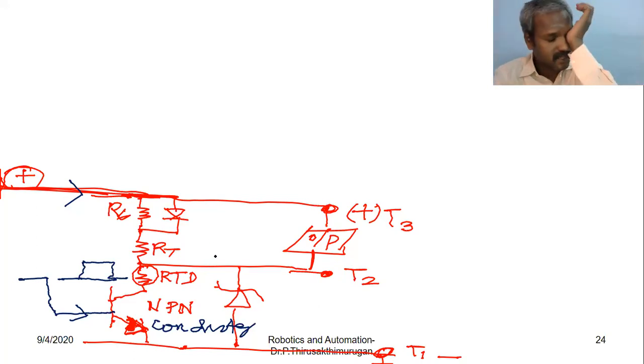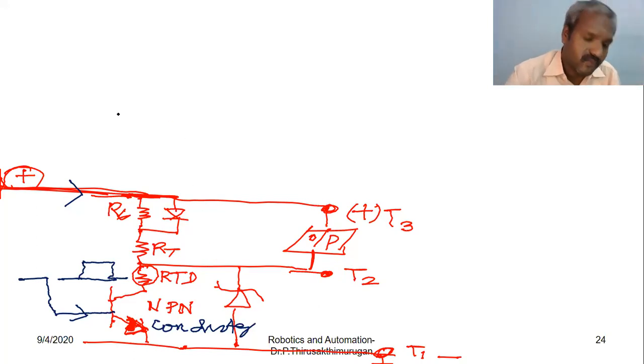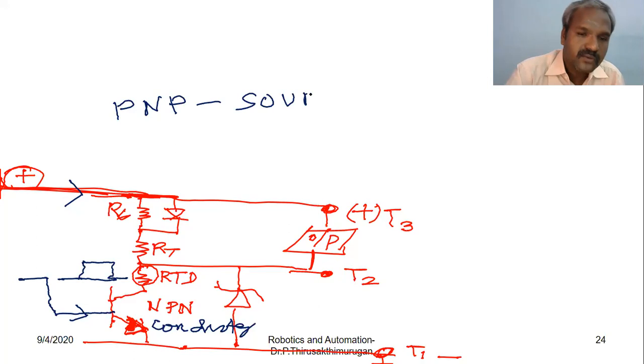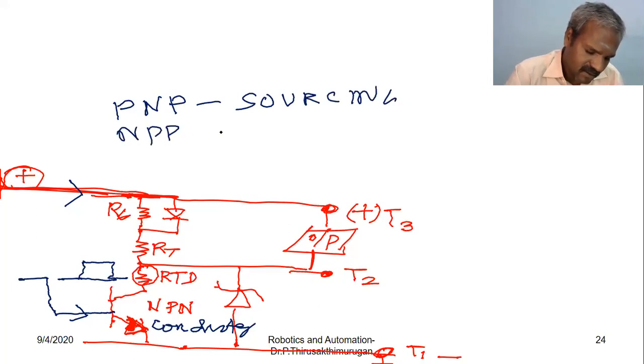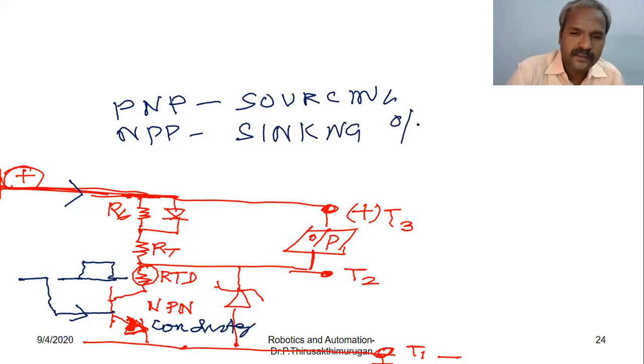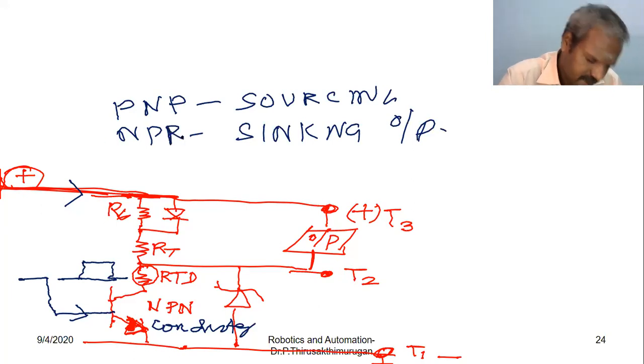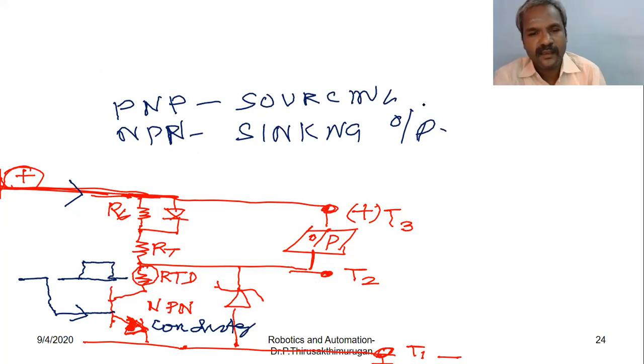Whereas in the inductive sensor, that is a PNP transistor, PNP transistors are sourcing and NPN transistors are sinking output. So a PNP transistor gives sourcing output, and an NPN transistor gives sinking output. This is the operation.